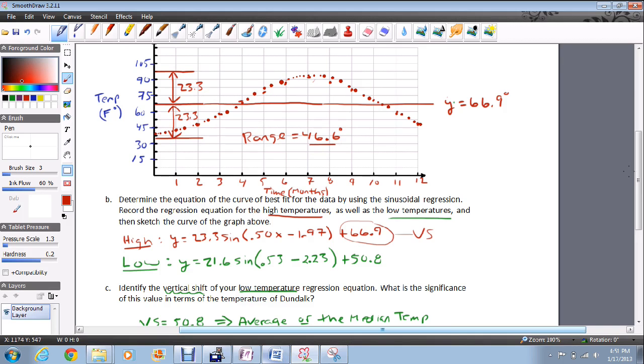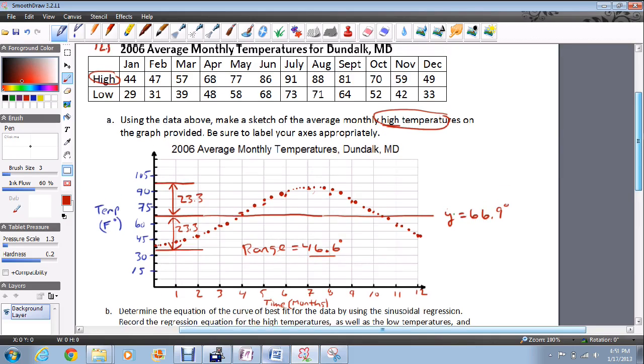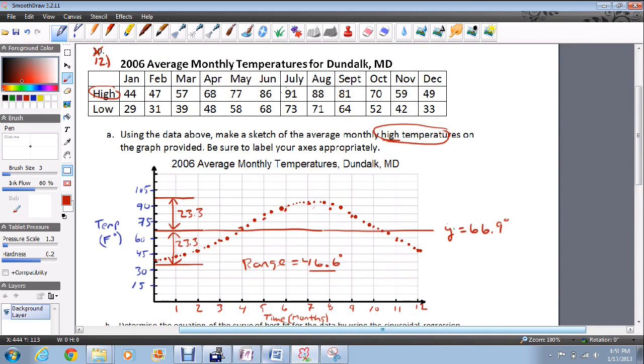If you look at the original problem there, the highest temperature was 91, the lowest temperature was 44. If you subtract those two to get a range, 91 minus 44, we're not asked to do this in the problem, just trying to make a point, make a little bit more of a connection to this.